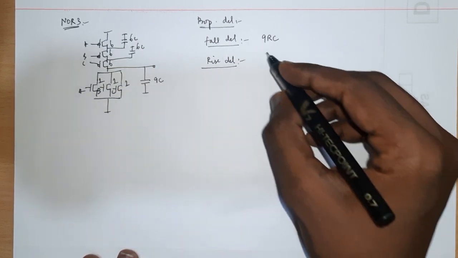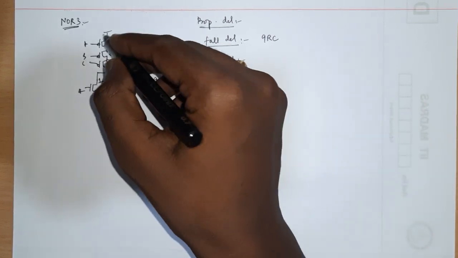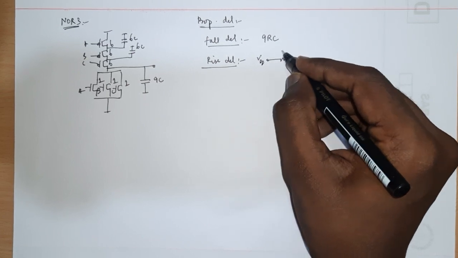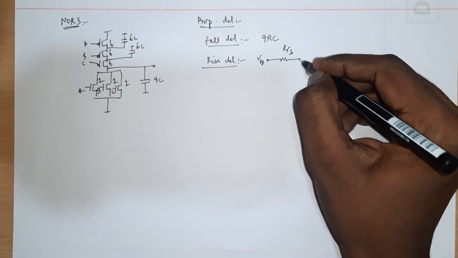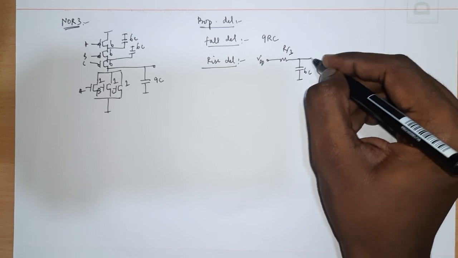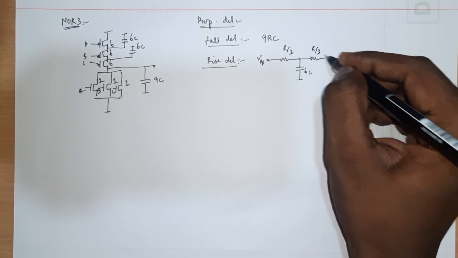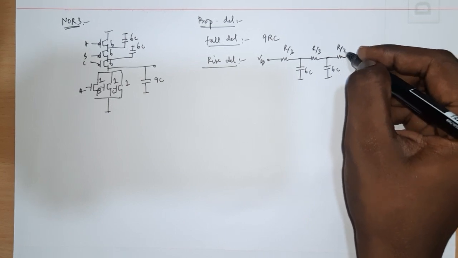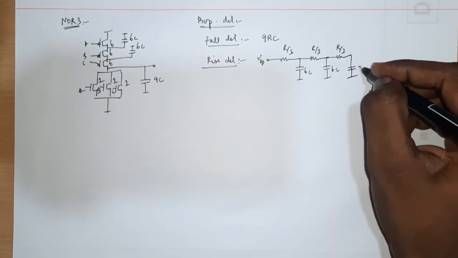you have to apply the Elmore relationship, and starting from the VDD point, you have a resistance of R by 3 and capacitance of 6C, and resistance R by 3, capacitance 6C, resistance R by 3, and capacitance 9C.